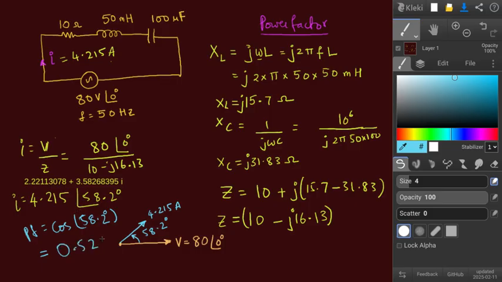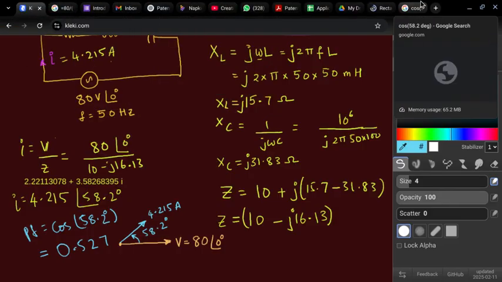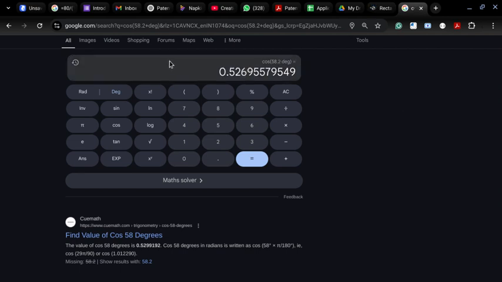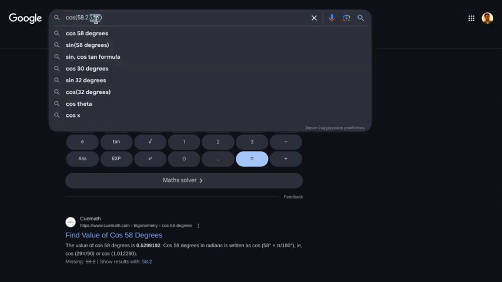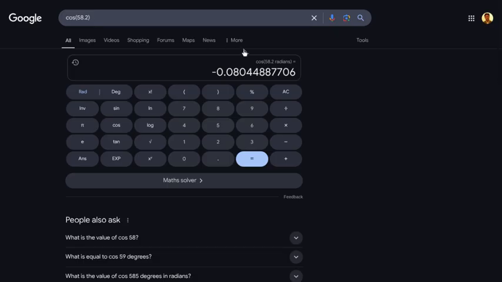If you did not give the degrees, it will be considered as radians and you'll get a wrong answer. I'll just show you that. If I remove this, cos of 58.2 radians happens to be some number like that, which is wrong.